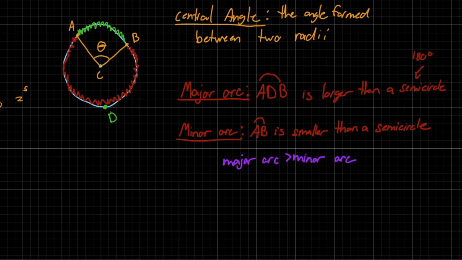So these arcs have a length and they have a degree measure. They are two different things, and we've got to talk about them two different ways.